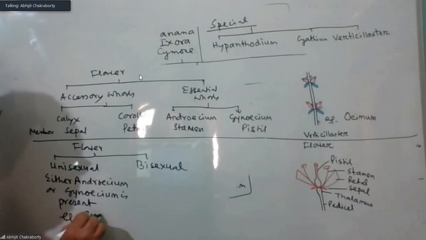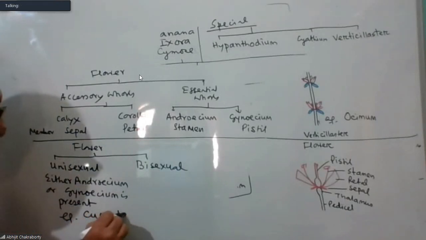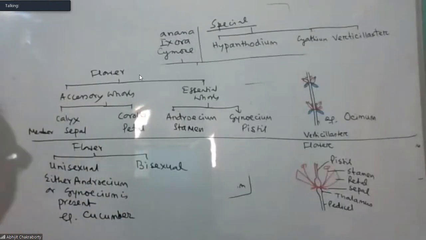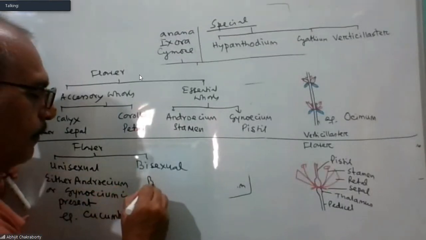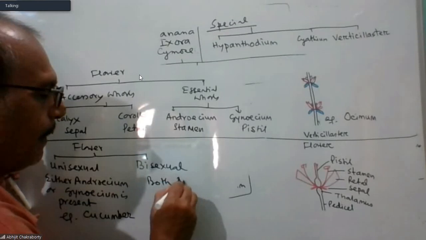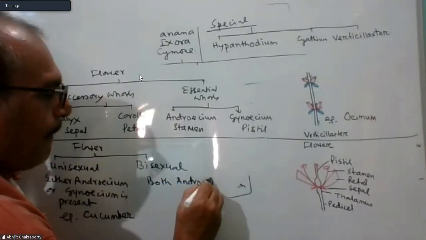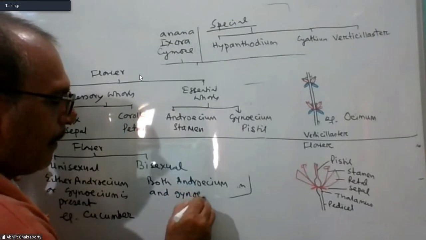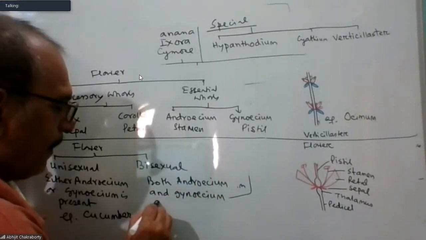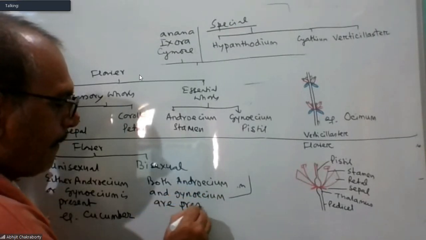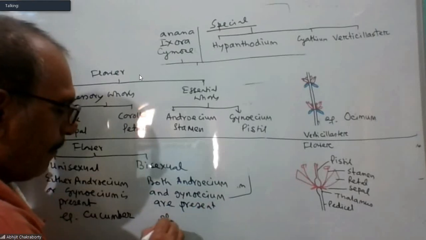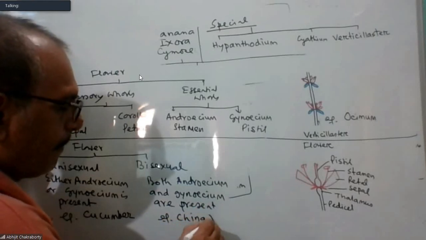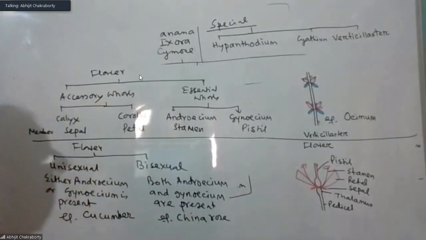Example, cucurbita. So this is the first classification.